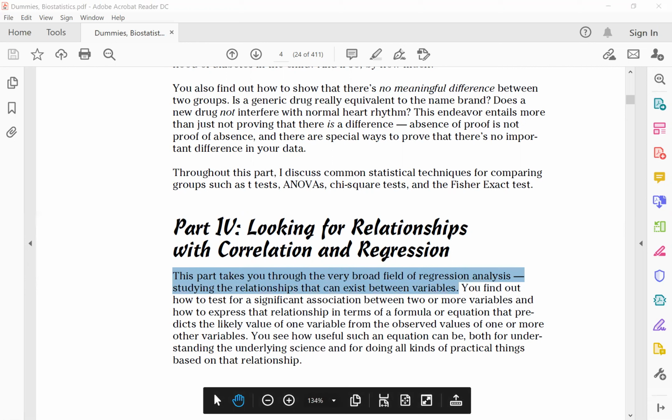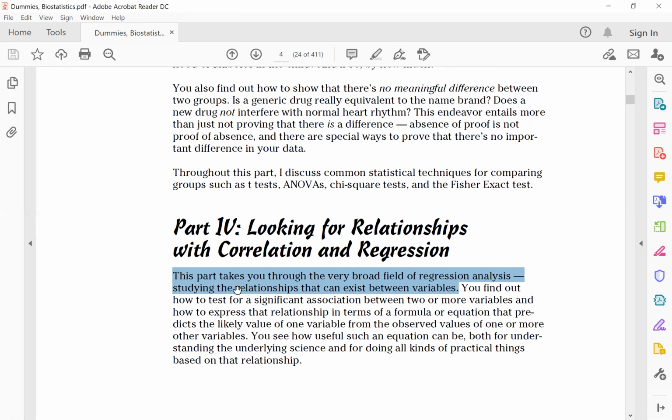So, guys, here we'll talk about the very broad field of regression analysis, studying the relationships that exist or can exist between variables.